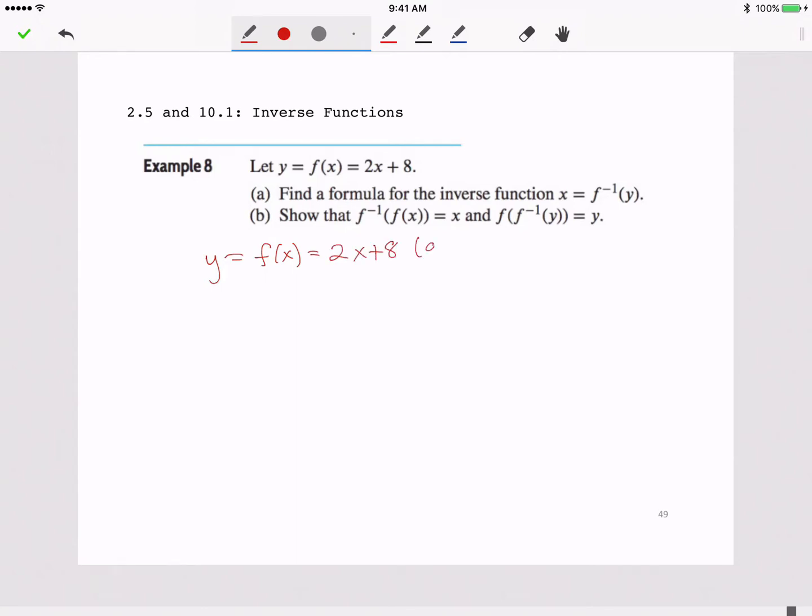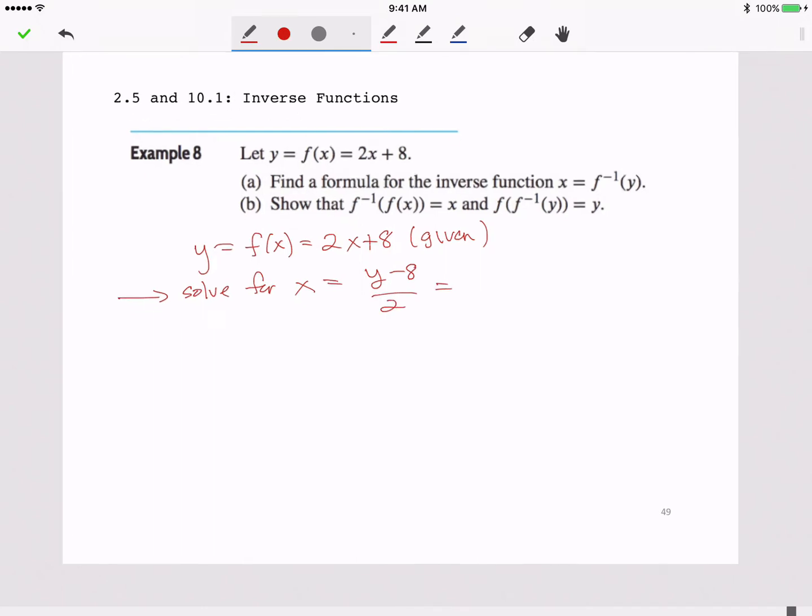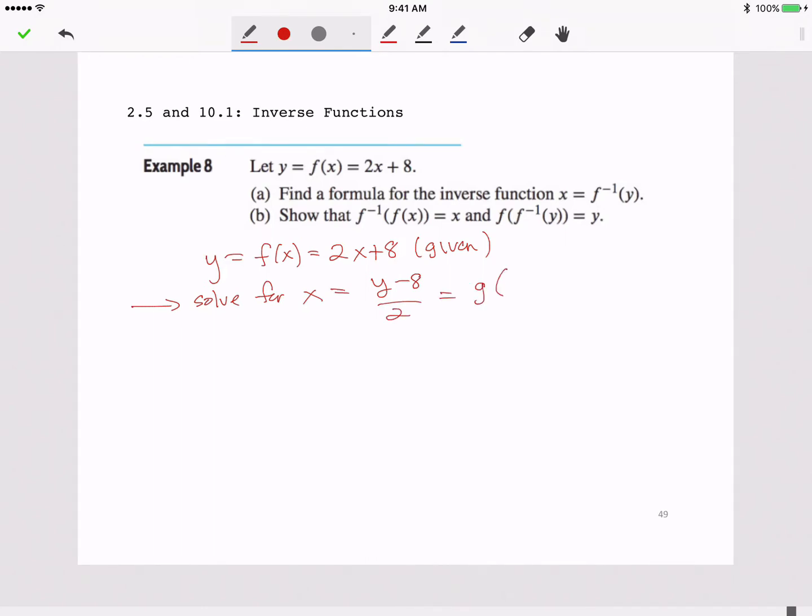This is given, so y is given as a function of x. If you solve for the variable x, then x will be y minus 8 divided by 2. So now we have a formula g of y, and x is equal to g of y.